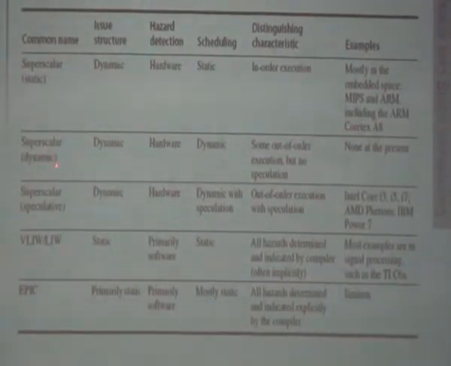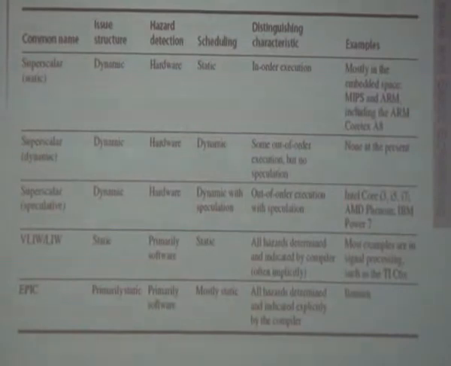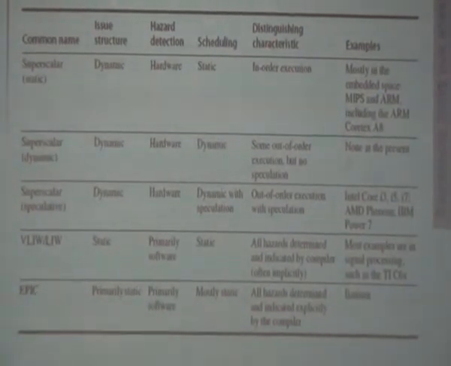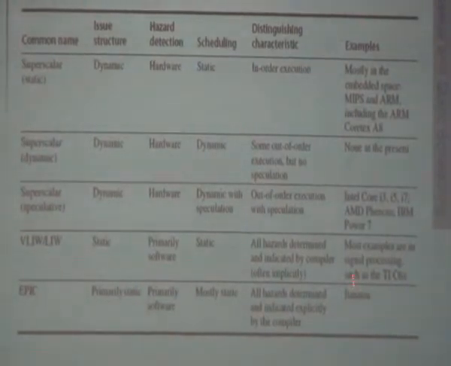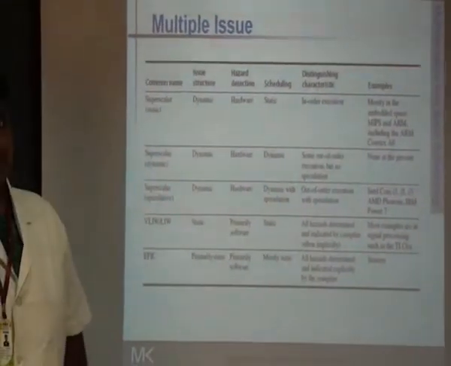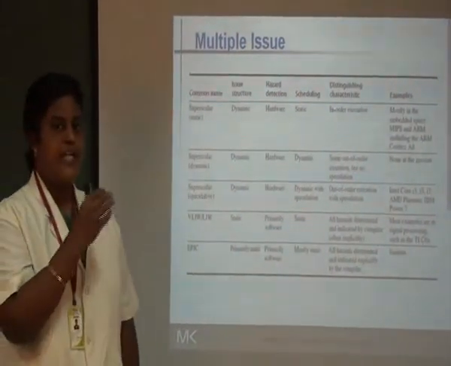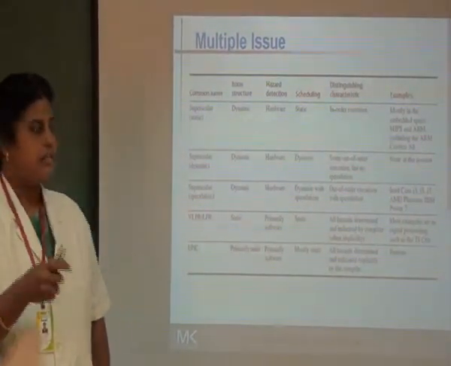In the superscalar static processor, we don't have speculation at all, but we have speculation in the speculative superscalar processor. The example processors which make use of these superscalar techniques are specified in the last column, along with how we take care of hazards, whether by the compiler or the hardware. Because it is static scheduling, this is handled only by the compiler.